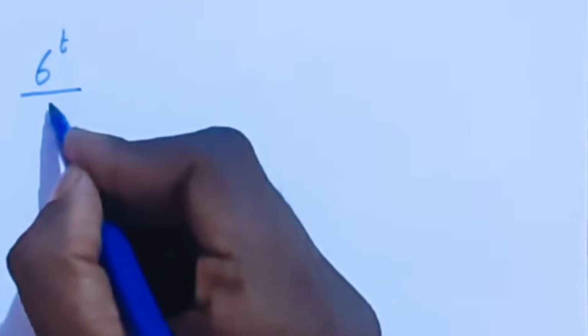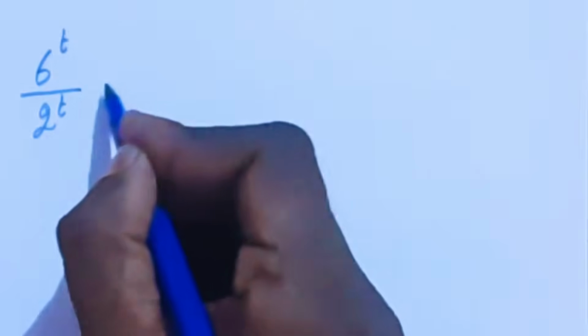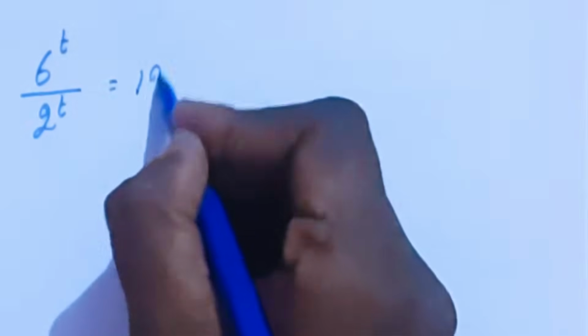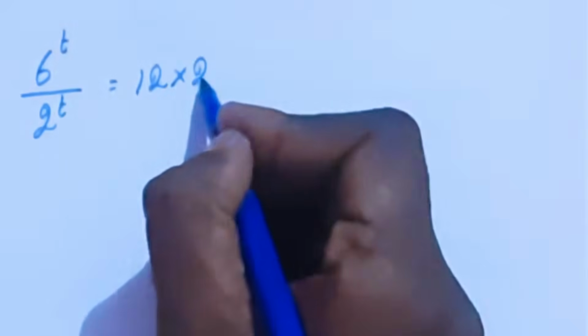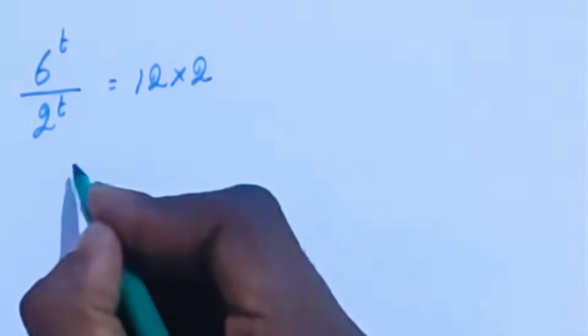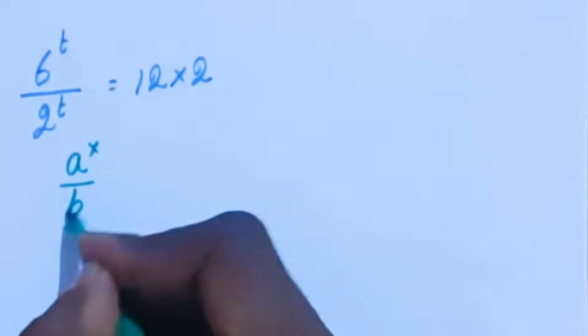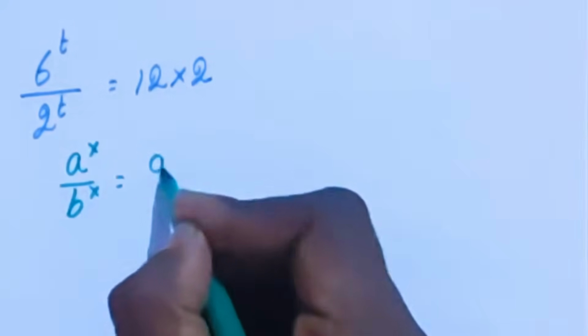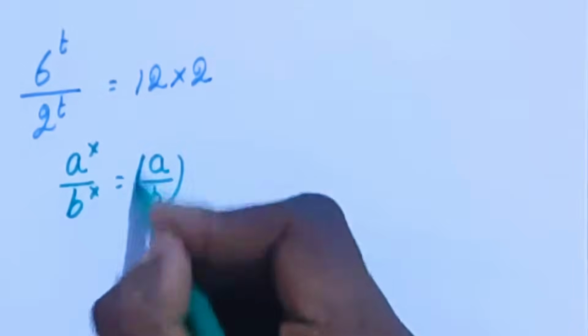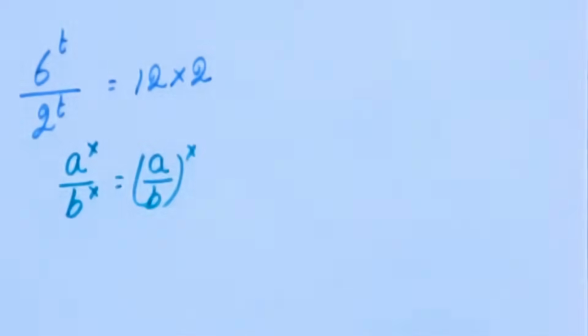6 power t by 2 power t equal to 12 times of 2. a power x by b power x equal to a by b whole power x. We are going to apply this here.